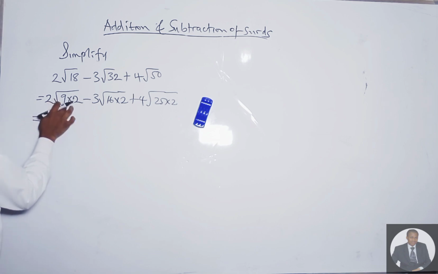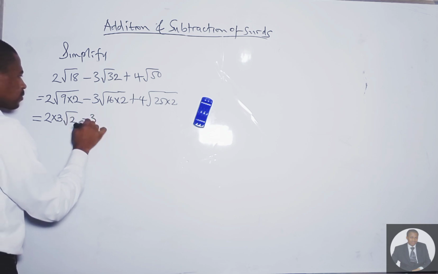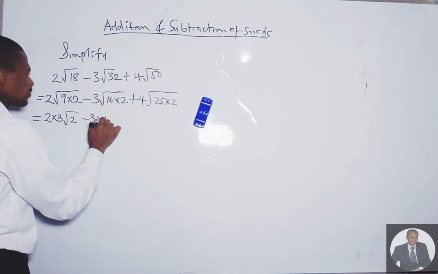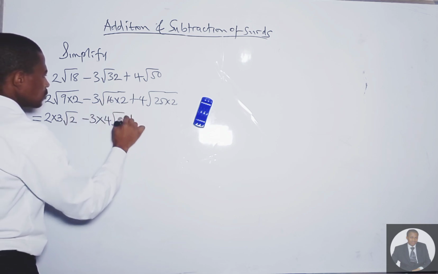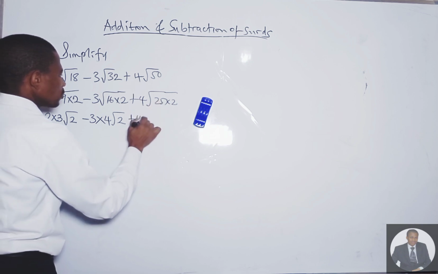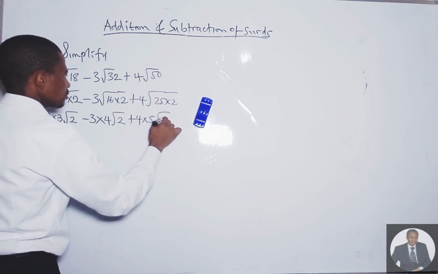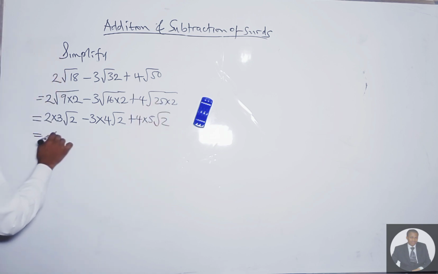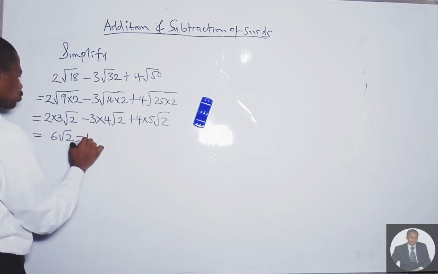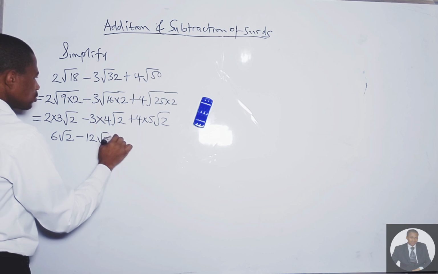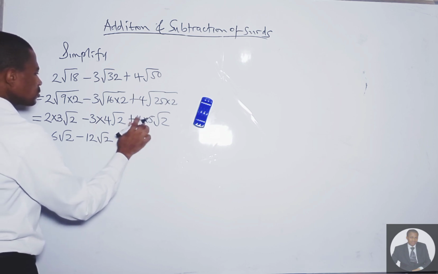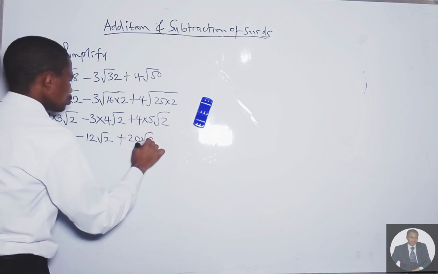So 2, the square root of 9 is 3. The square root of 16 is 4. The square root of 25 is 5. So we have 6 root 2. 2 times 3 is 6, minus 3 times 4, 12 root 2, plus 4 times 5 is 20 root 2.